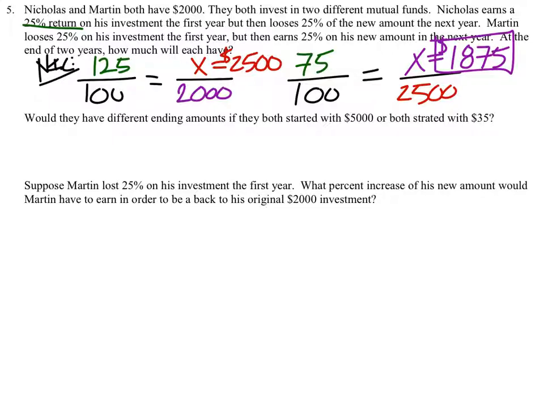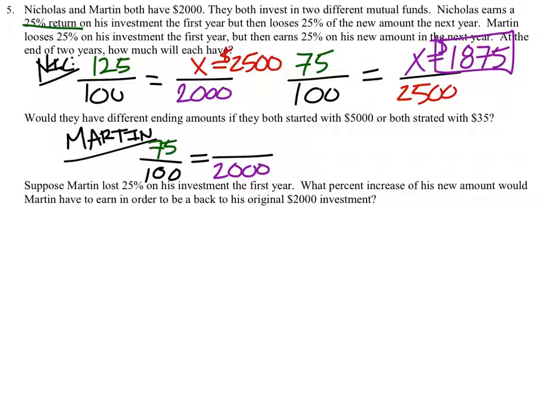But then we've got old Martin, who is going to start with 100%, which also is $2,000. But he's going to lose the 25% first, so he's going to go down to 75%, and we'll solve with these. So it looks like Martin will end up with $1,500 after the first year.